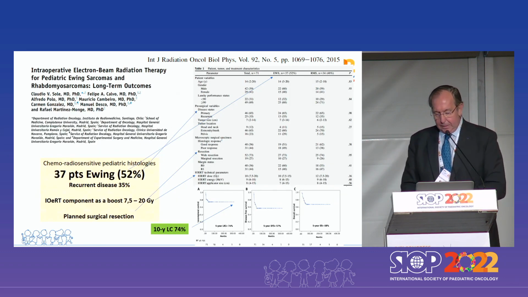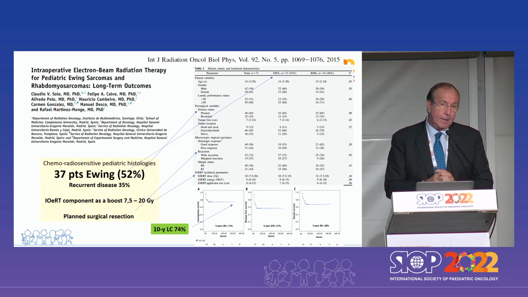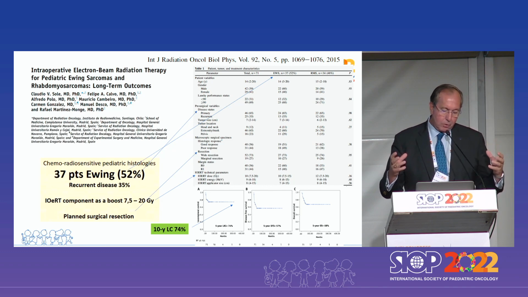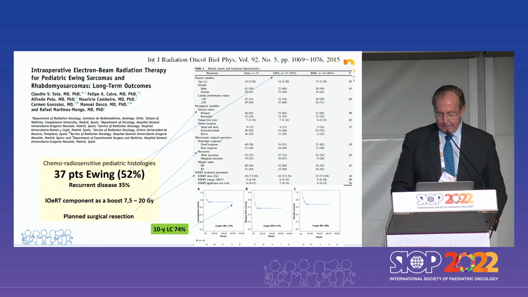These are Spanish results. We were able to put together a pooled analysis from 3 different institutions in Spain using intraoperative electrons in a cohort of patients with Ewing sarcoma and rhabdomyosarcoma. We used those 2 cohorts because they both were chemosensitive and needed surgery and radiation therapy.